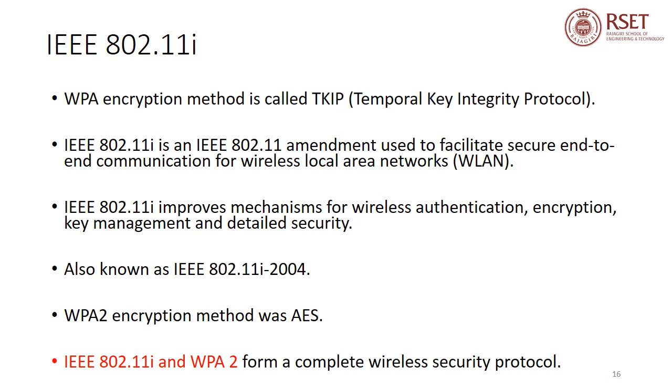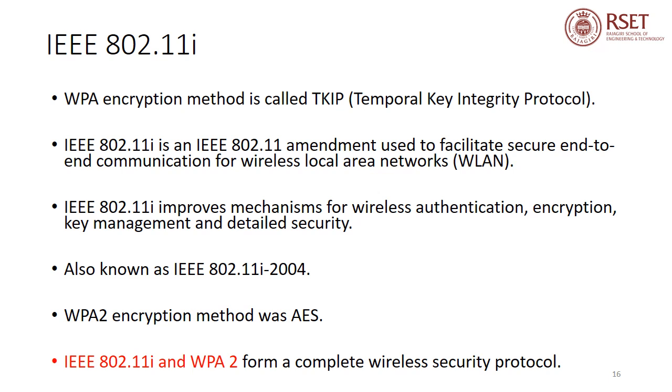As mentioned in the previous slide, the WPA protocol was standardized by IEEE as IEEE 802.11i. In this method, the encryption technique used was called TKIP, or Temporal Key Integrity Protocol. IEEE 802.11i is an IEEE 802.11 amendment used to facilitate secure end-to-end communication for wireless networks.